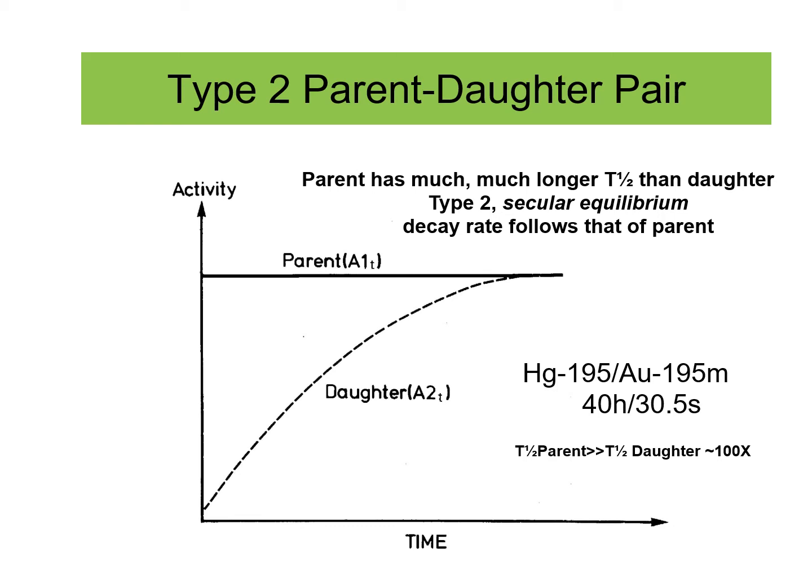An example is mercury-195, which has a half-life of 40 hours, that gives the daughter gold-195m with half-life of 30.5 seconds. This kind of relationship of a much longer-lived parent relative to the daughter gives what is known as a secular equilibrium generator system.